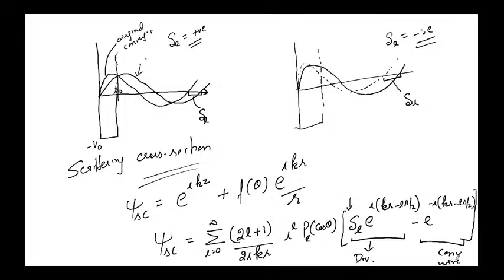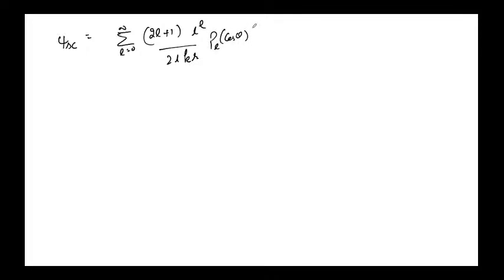So from this we can write this equation as 2L plus 1, i raised to power L over 2i kr, P_L cos theta.